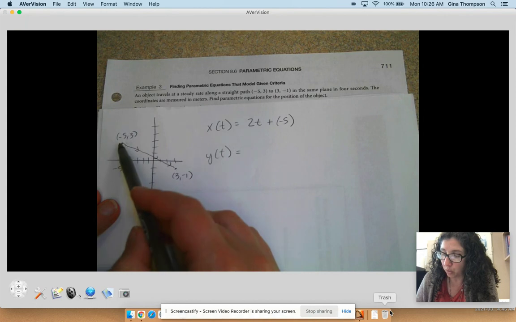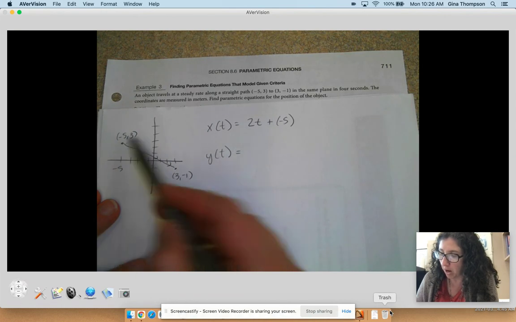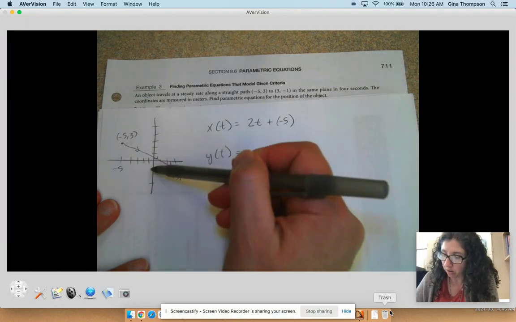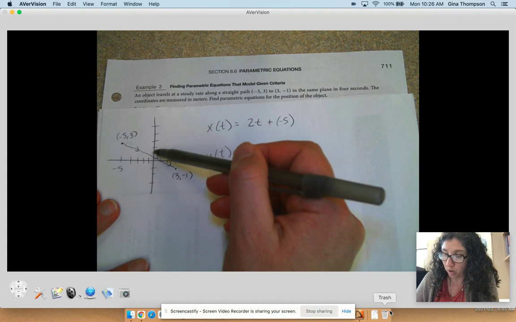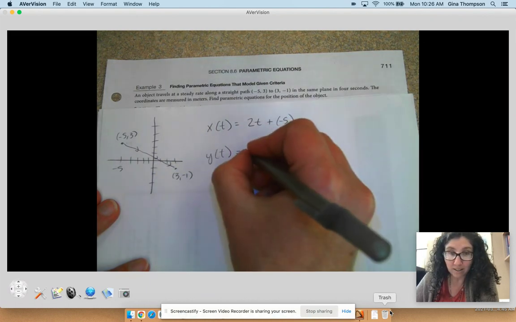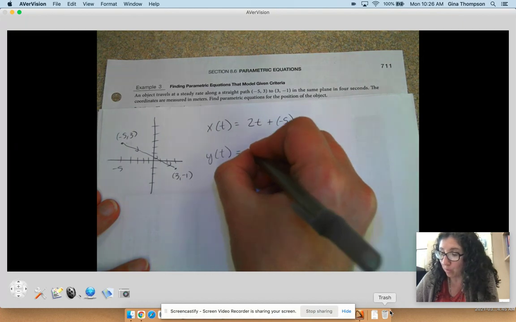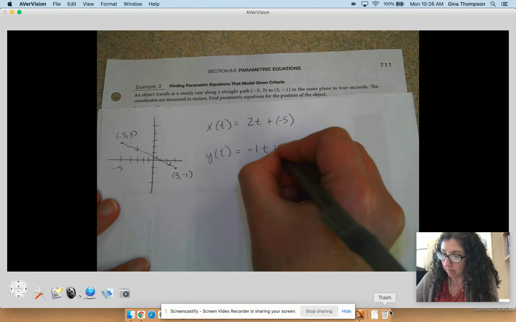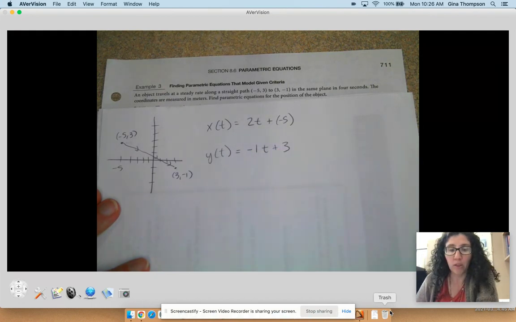We're starting at 3 and we're ending at -1. So it looks like we're starting here and we're ending here. In 4 seconds, we go down 4 units. So our rate in the y direction is -1 times t, and we're starting at 3. Those are the 2 equations.